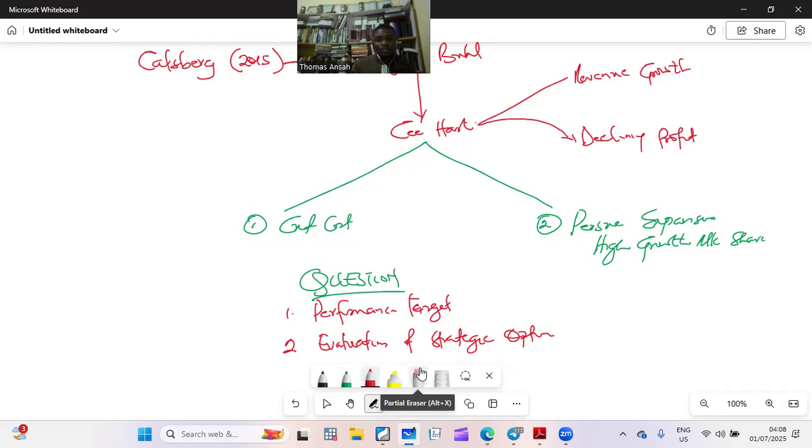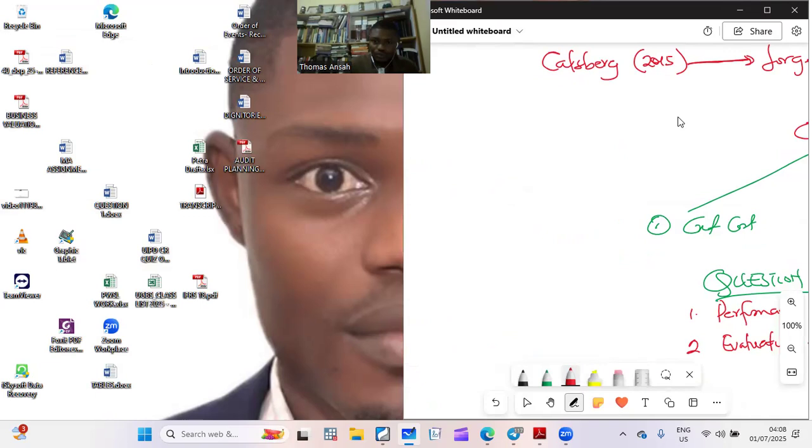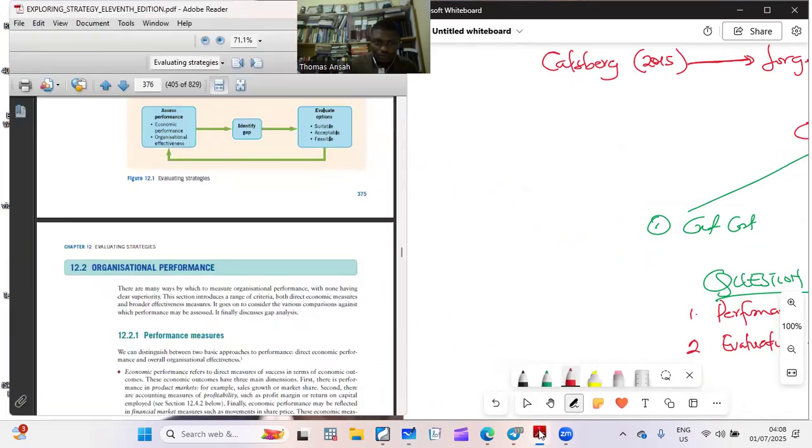So the key issues are the use of economic and non-economic performance measures, the importance of the benchmark, the comparators, and the role of gap analysis. So this is what we are going to do.